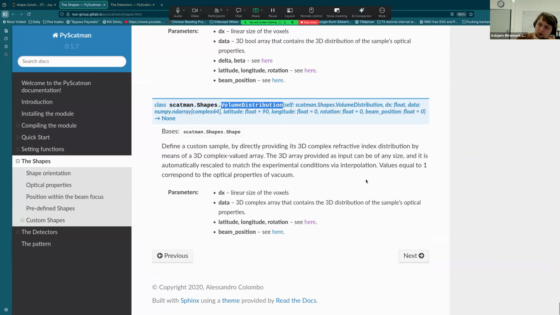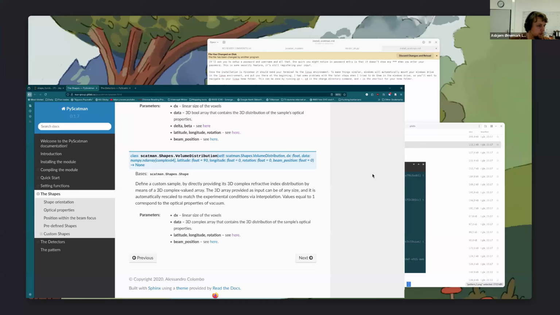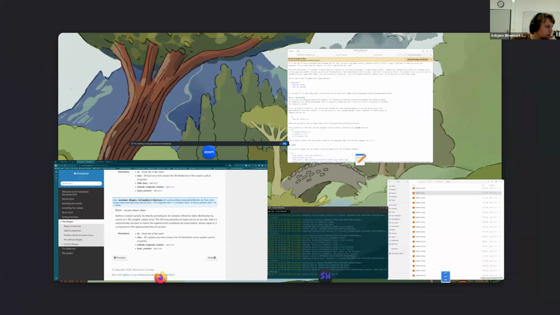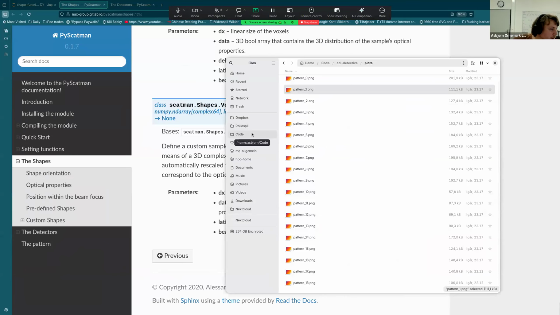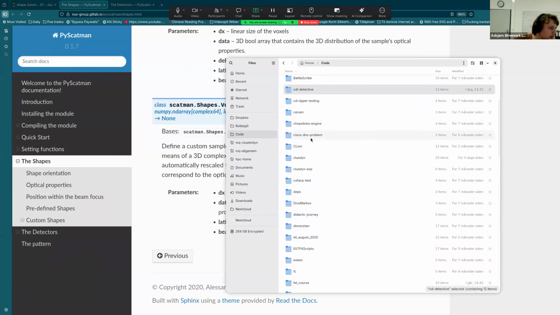Volume distribution is where you can get even crazier. Every entry has just its complex refractive index. This can be really nice if you're doing something strange, like, if you'll permit me to share a bit of the stuff I used it for.